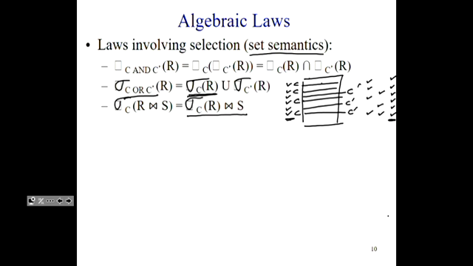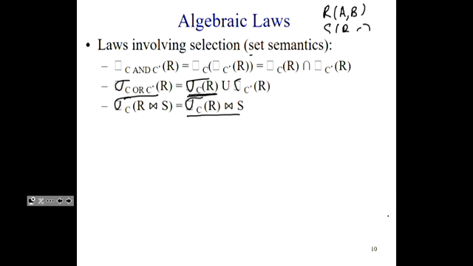Okay, let's work through some examples. So let's say R is (A, B), S is (B, C), and let's say the condition C was A is equal to 5.